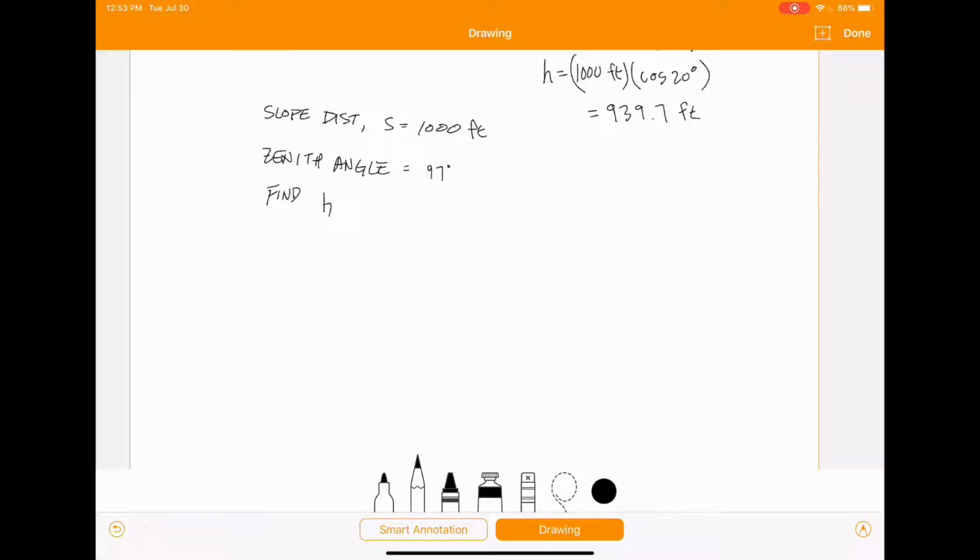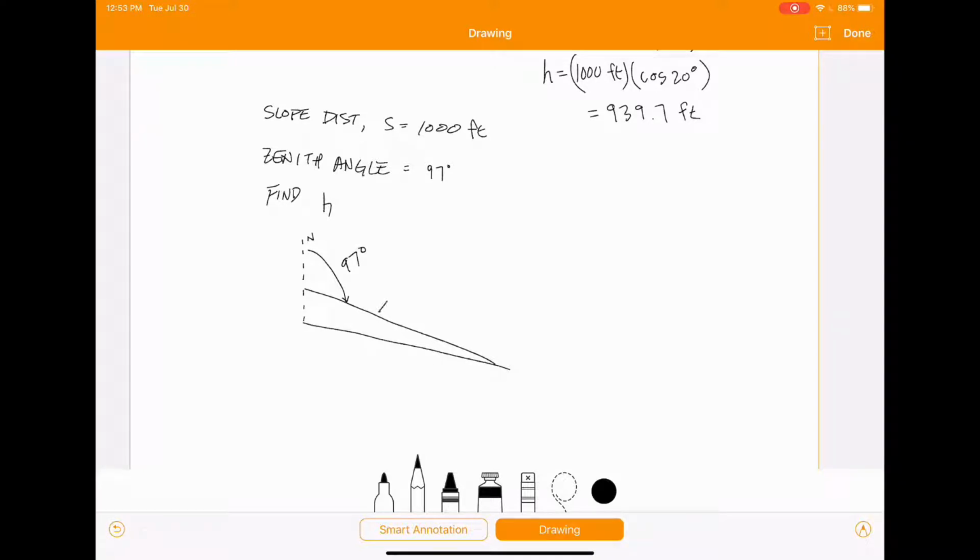So again, you're going to start with a picture. So with our zenith angle, we need our north line. And we're going to come down 97 degrees. So we'll call that 97 degrees.